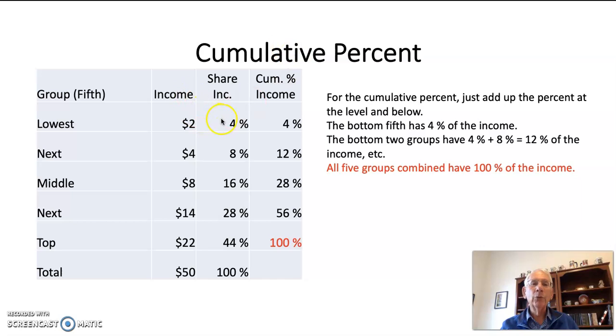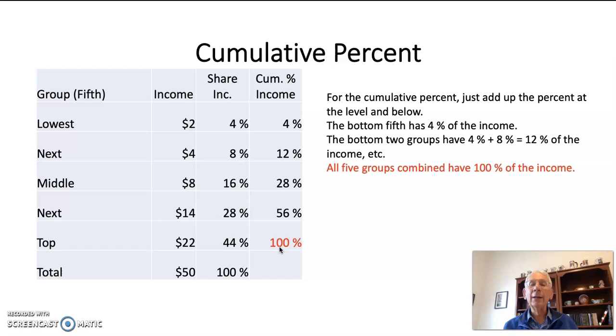The bottom 2 groups have 4 plus 8, 12% of the income. The bottom 3 groups have 4 plus 8, that's 12, plus 16, that's 28% of the income, and so forth. So what we see is all 5 groups combined have 100% of the income.